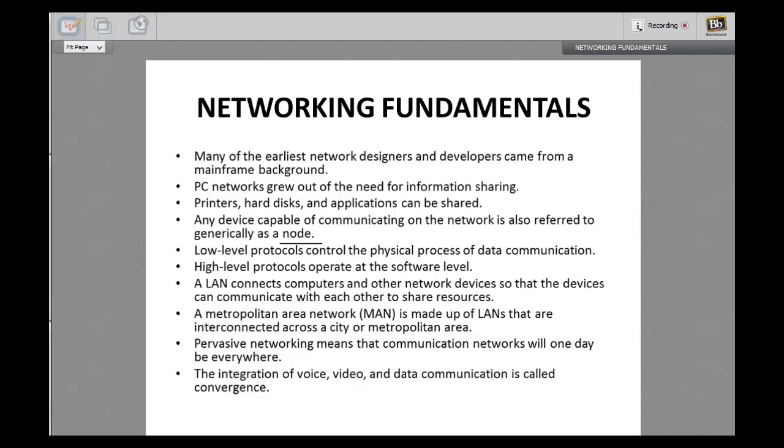We have defined the LAN, which is a network that connects computers and other network devices so that devices can communicate with each other to share resources. Regarding a LAN, it is a network of computers that have the same network address. So this is like the physical definition of a LAN.